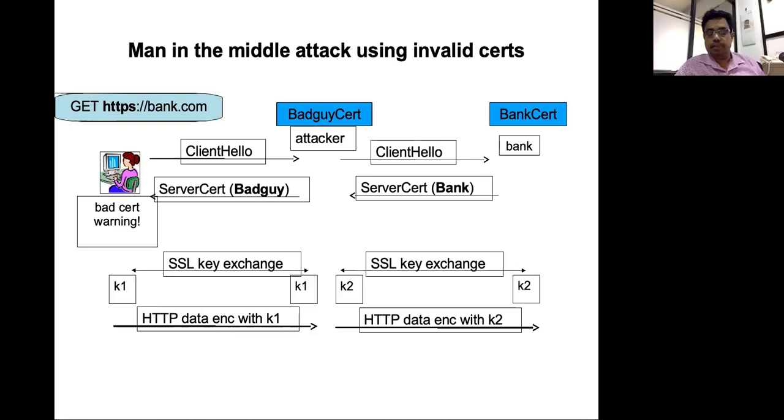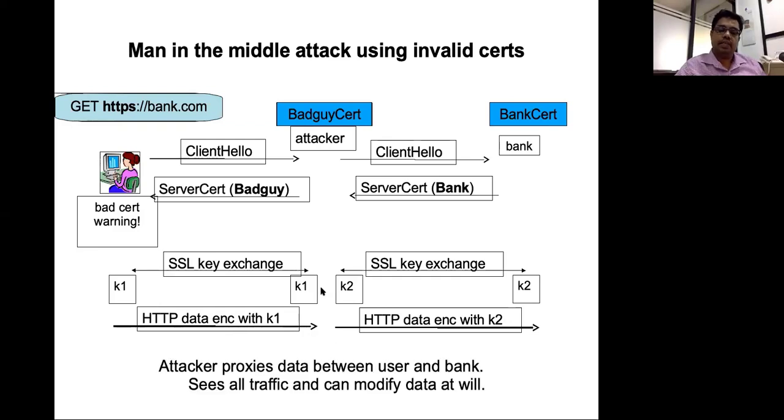The bank thinks it's from the correct user because the correct username and password come, encrypted with key K2. So the bank works based on that data. However, the attacker gets an opportunity to record the entire communication here. That's how the TLS man-in-the-middle attack works.